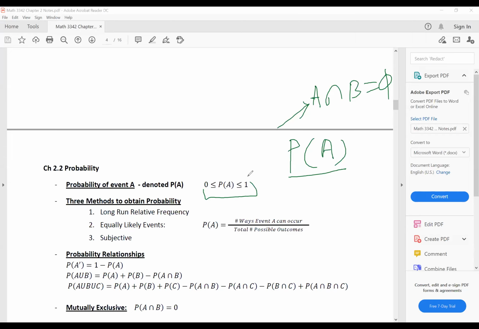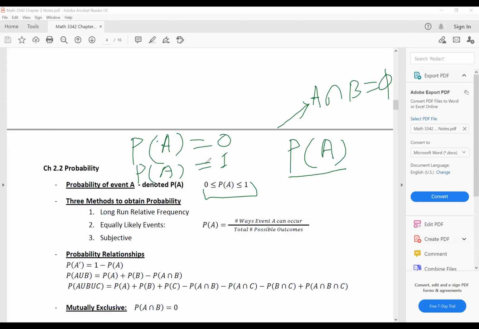Okay, so if the probability of an event is exactly 1, then it is called a certain event. That means it will surely happen.